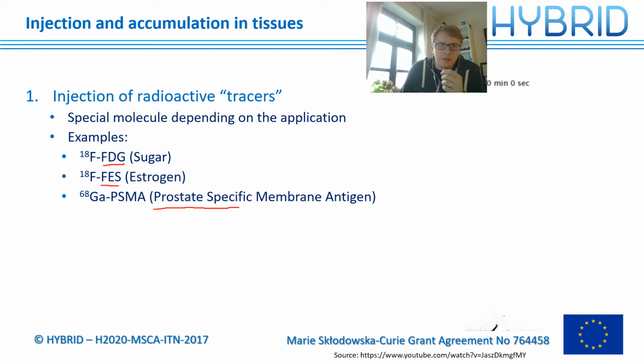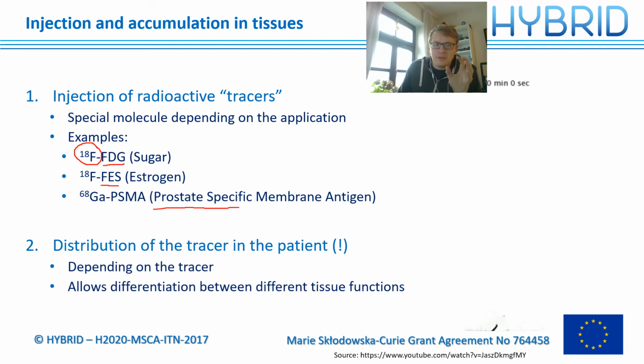Usually the tracer part, so the molecule itself, is modified to be radioactive. And this radioactive molecule then distributes in your patient freely. And depending on the tracer, it binds to specific tissue or not.